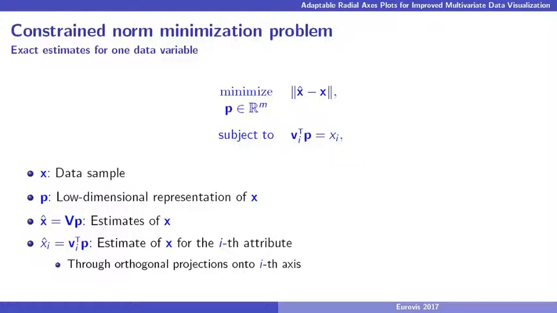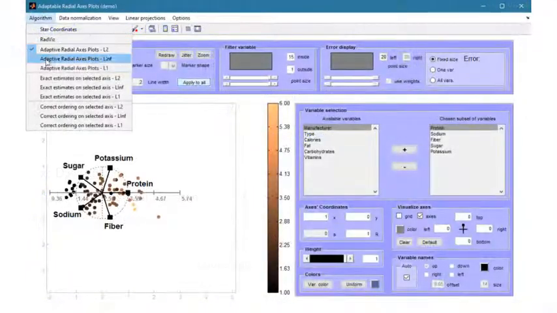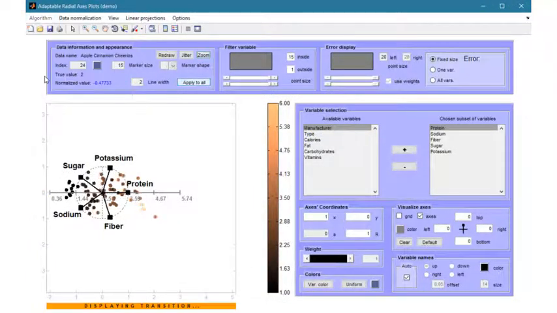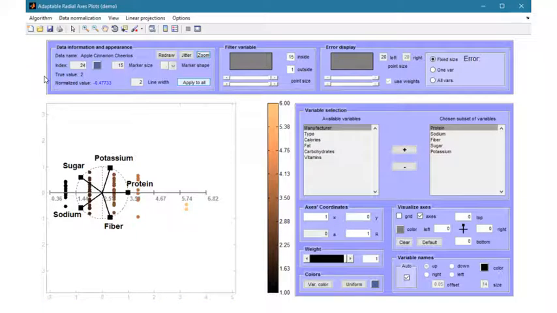One way to order the data consists of forcing exact estimates on one of the axes. This can be accomplished by introducing a constraint in the convex optimization problem. Here we obtain exact estimates of protein in the example that uses 5 attributes of breakfast cereals.